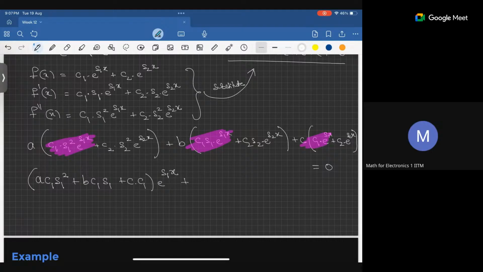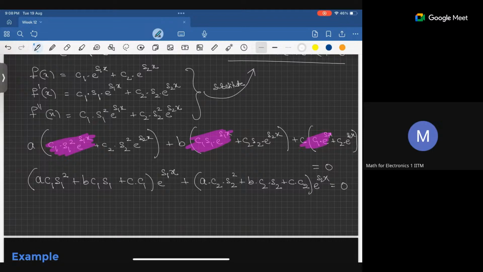Plus, if I pull all e power s2 terms together, we'll have a into c2 into s2 square plus b into c2 into s2 plus c into c2, e power s2x, which should be equal to 0. So we'll see whether the left hand side is equal to 0 or not.